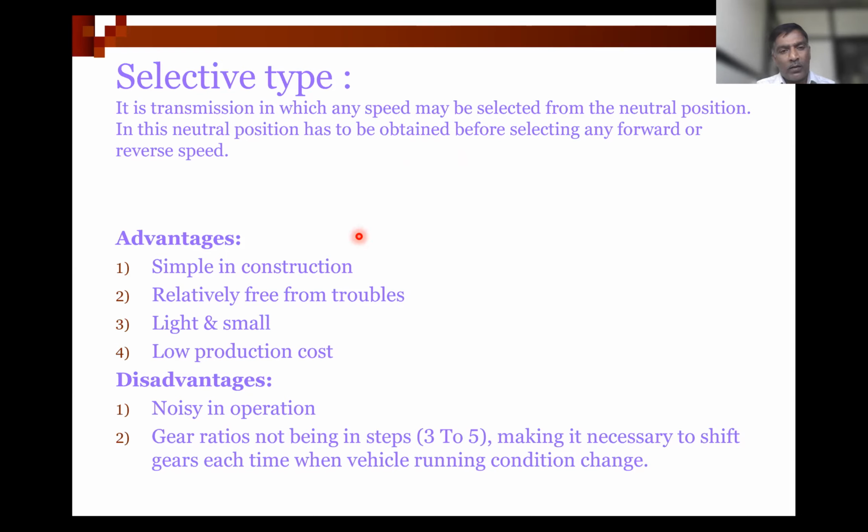So what are the advantages? You can see: simple in construction, relatively free from trouble, light and small, low production cost. And what are the disadvantages? Noisy in operation, and gear ratio not being in steps of 3 to 5. Each time, based on the running condition, there is a necessity to shift gears or change the mode of the transmission.